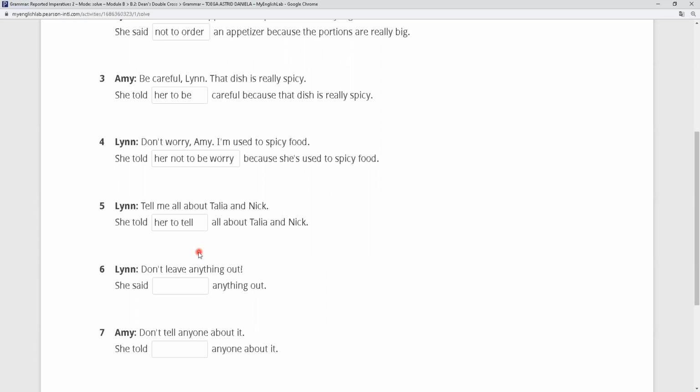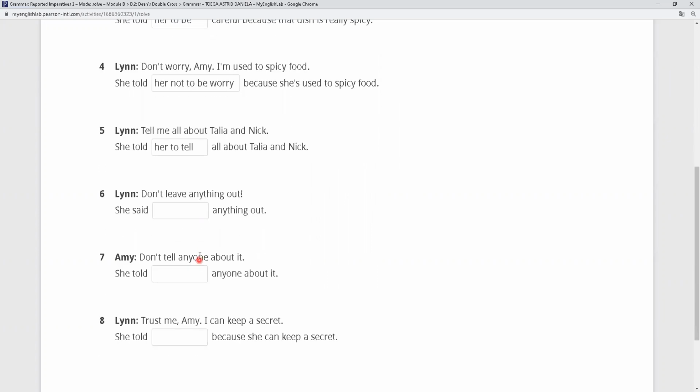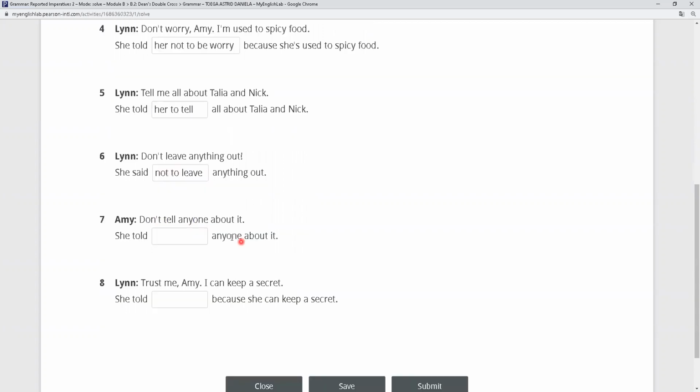No, I don't know, teacher. Okay, we're going to take it at the end. Let's continue with number 6. She said not to leave anything out. Don't tell anyone about it. She told her not to tell anyone about it.